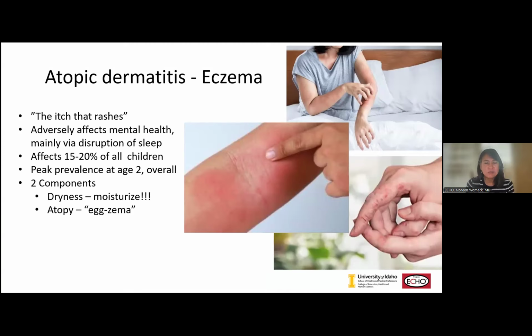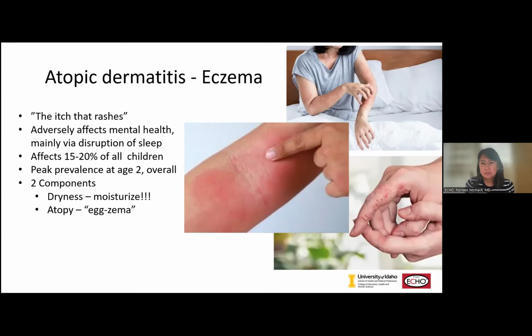Even though it's very common and is mostly considered benign, eczema actually can be quite impairing in terms of sleep, in terms of work and studying. So it really does behoove us to recognize when somebody's struggling with eczema and the itching, and treat them appropriately so it doesn't affect their day-to-day lives.